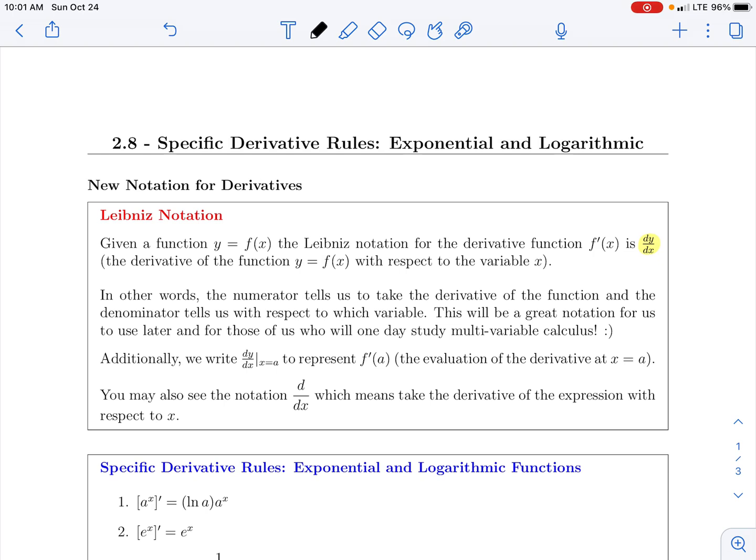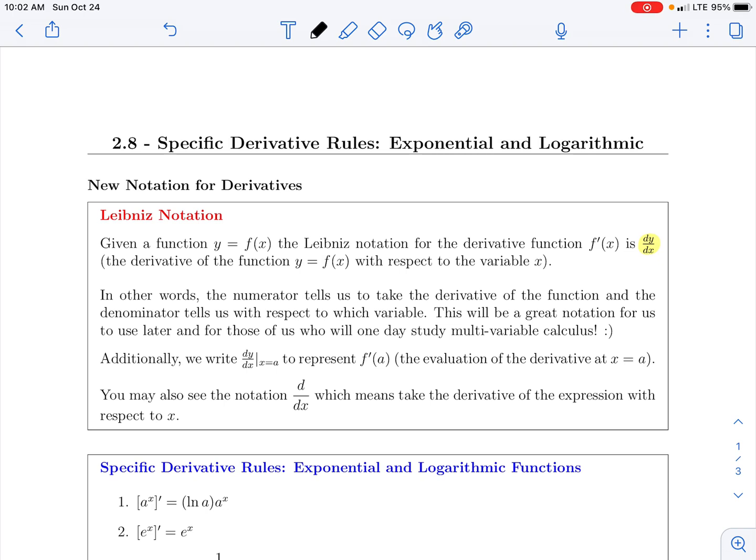Now in single variable calculus, it's not as important that we use Leibniz notation as it is in multivariable, because we only have one variable, hence the name single variable calculus. Whereas in multivariable, we have, of course, multiple variables, and so it is more clear using Leibniz notation what variable I am taking the derivative with respect to.